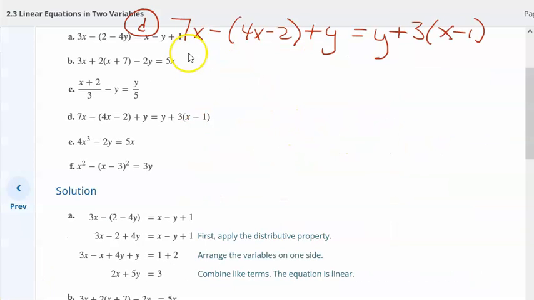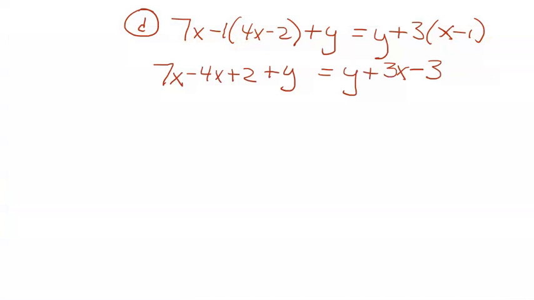Now for letter D, let's check that we copied it correctly. Yes, that looks good. So doing the first line of this, clearing fractions, now we want to combine like terms. So this is going to be 3x plus 2 plus y equals 3x plus y minus 3.